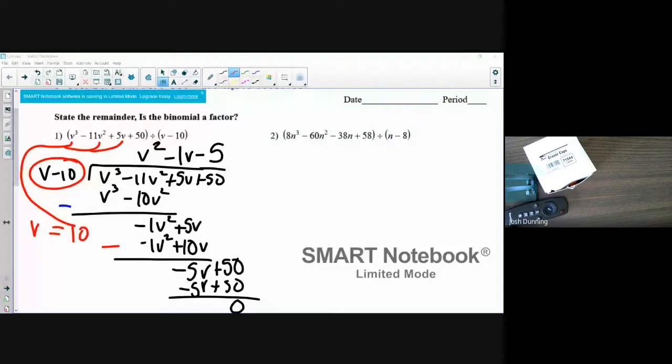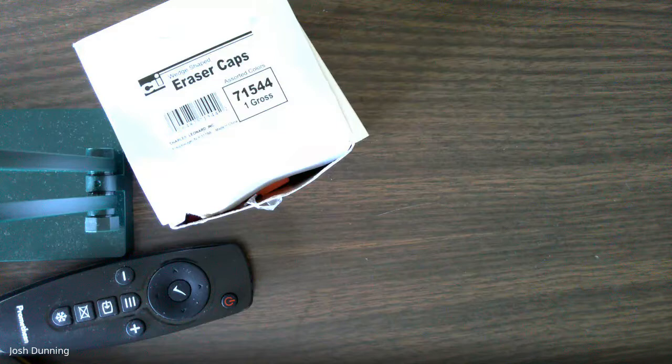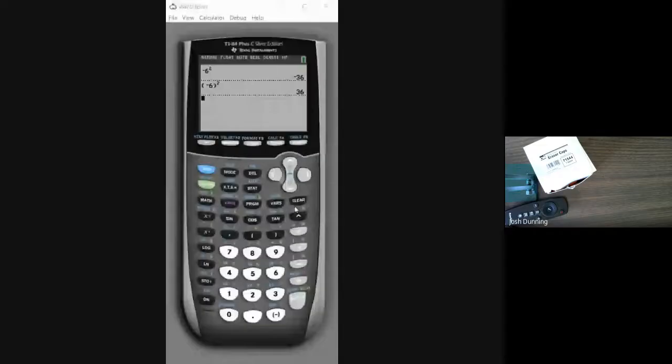Oh, I got to switch to my calculator here. And what I have up on my screen there, if you're going to plug a negative in, just remember it has to go in parentheses.